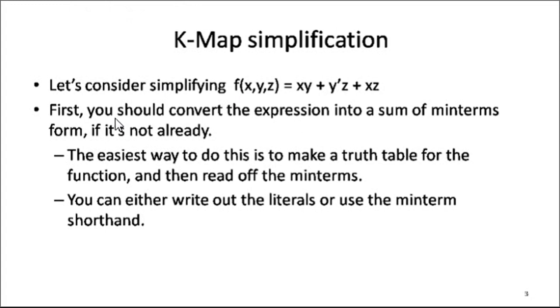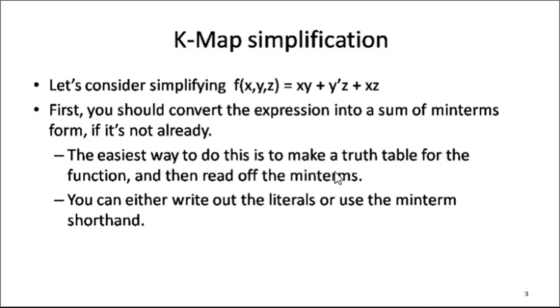First, you should convert the expression into a sum of minterms form if it is not already. The easiest way to do this is to make a truth table for the function, then read off the minterms. You can either write out the literals or use the minterm shorthand.